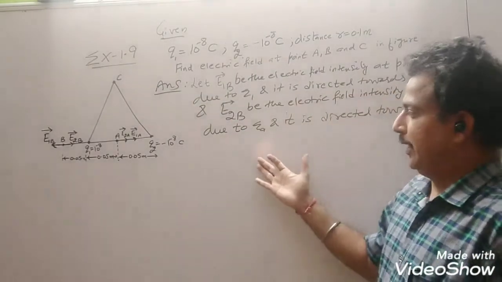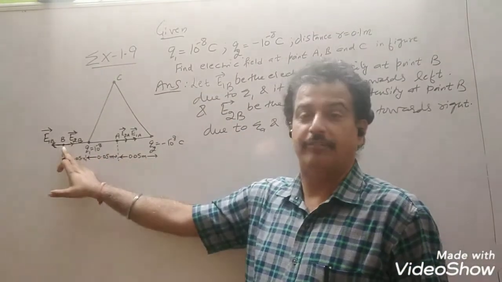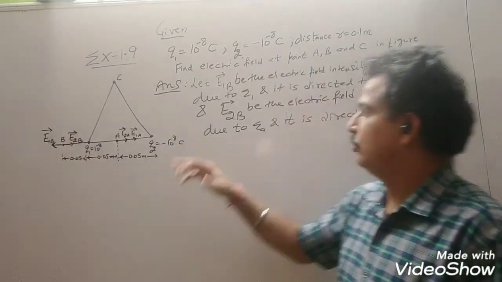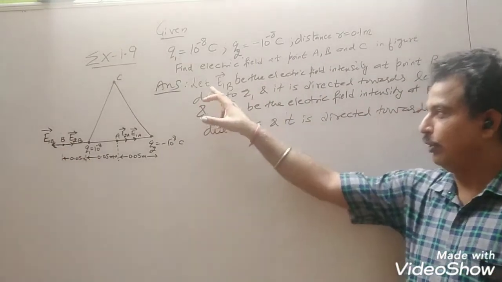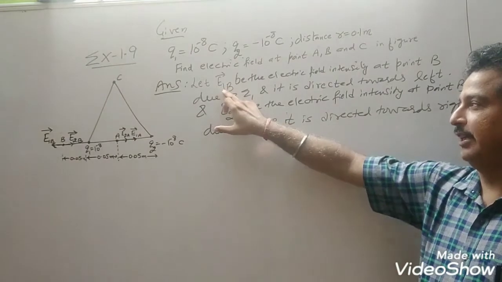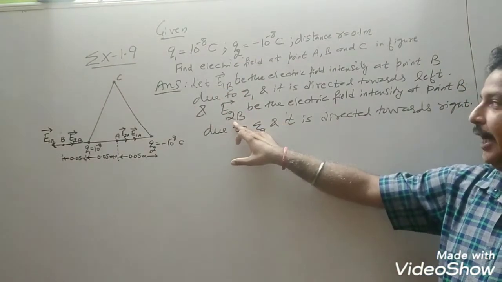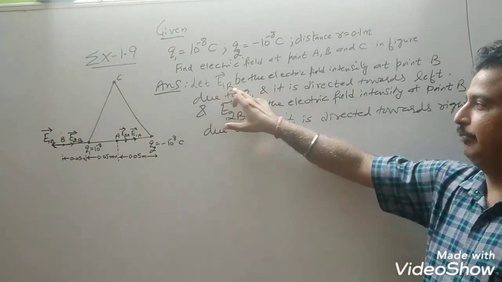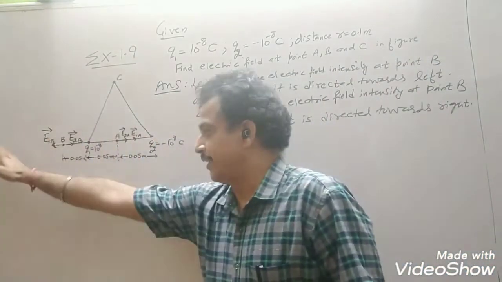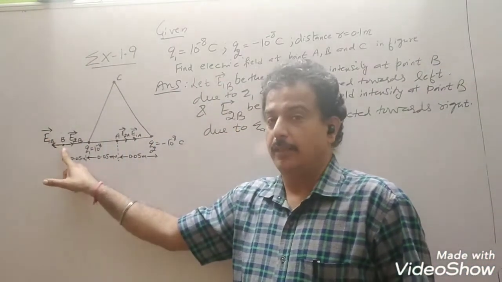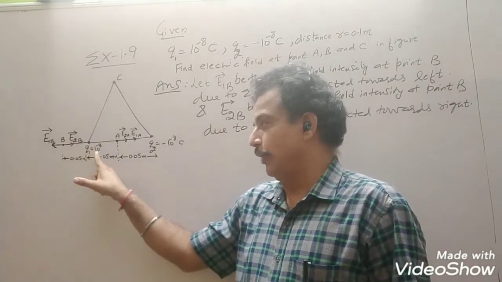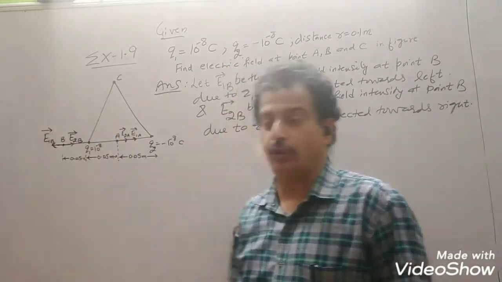Now in the second part, we will find out the electric field intensity at point B. So again the theory as before, the symbol is changed, now E1B and E2B. It is clear that E1B will be directed towards left because the test charge placed is positive and Q1 is also positive. So there is a force of repulsion.